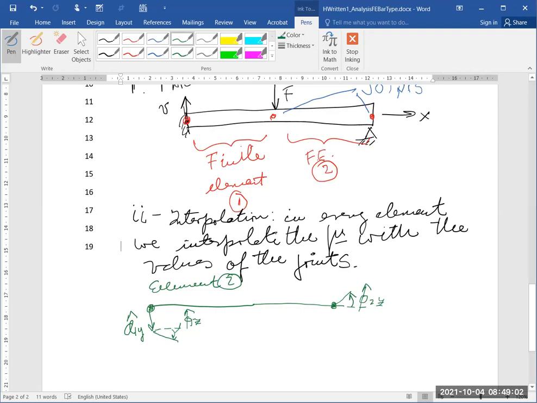Now, we have 1, 2, 3, and 4 values. But here, we do not know anything. So what we do is we interpolate from here to there. That means that we are going to develop something like this. So we start in this point, and we move in this direction following the slope there.